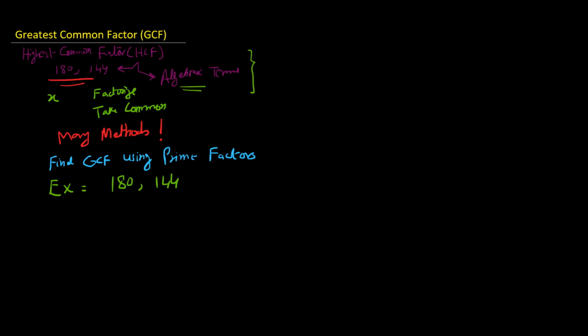By using the prime factors, we first find all the prime factors of the two numbers. So 180, you can do it separately, and later I will explain how you can do it simultaneously.